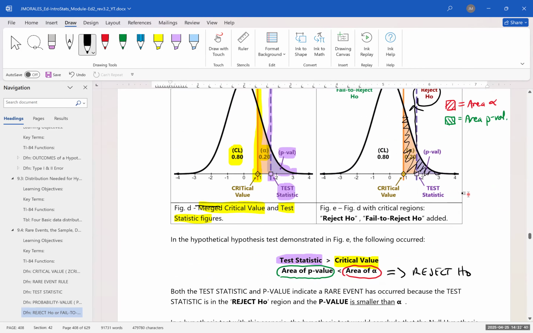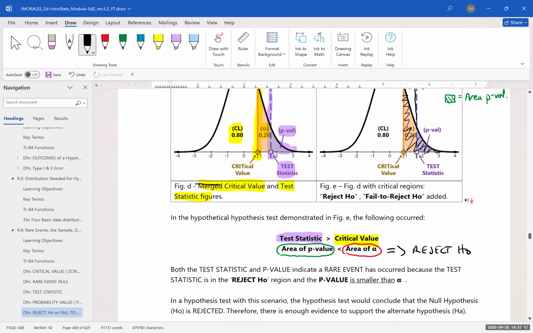Okay. So what many people do in scientific papers is say the significance level is 0.05. And then they'll say, well, during the course of our research, we did a hypothesis test and the p-value was 0.02.